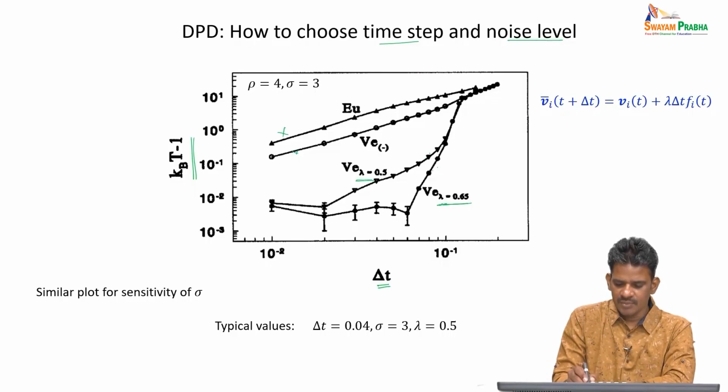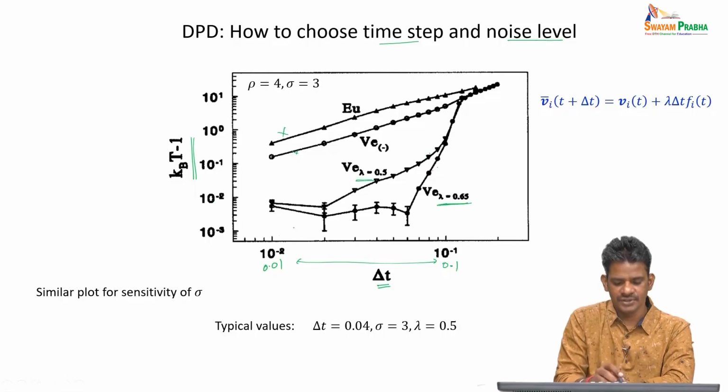So, if you look at the bottommost curve, 0.65, and the time step goes from 0.01 to let us say 0.1, in this range you can see that the error in the temperature is not exactly 0, but it is close to 0, it is 0.001 or even below.